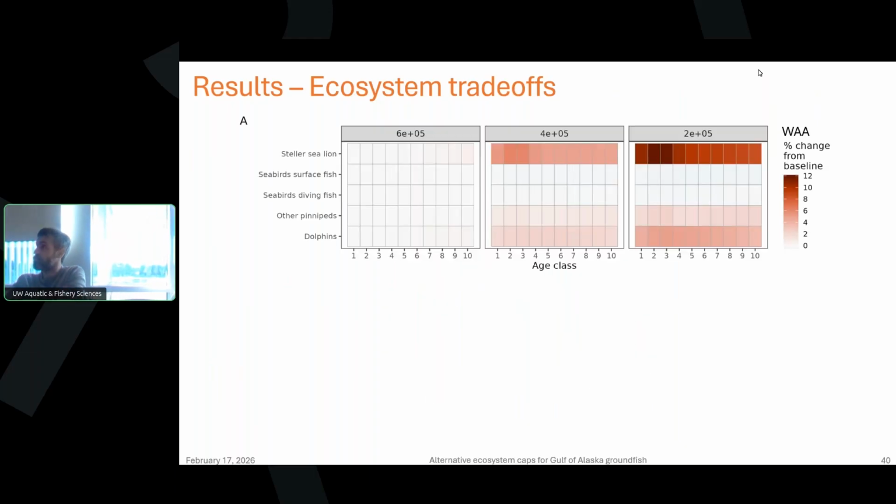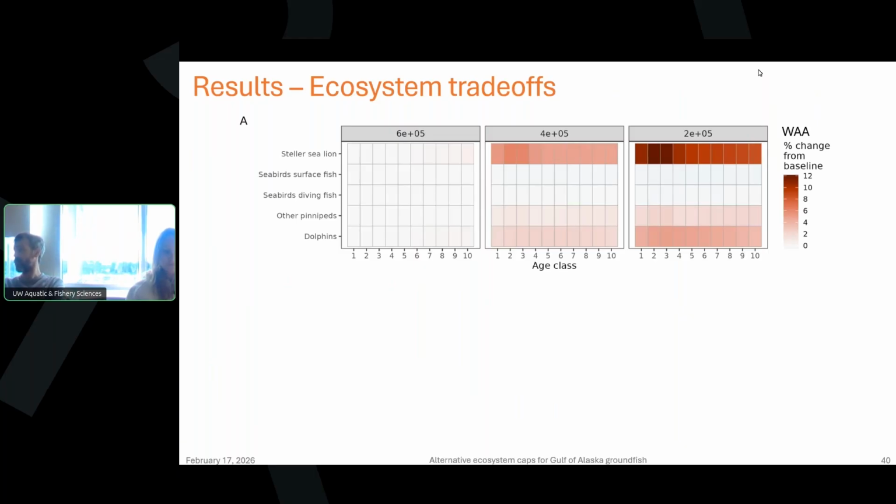So this graph is again a weighted age change from the baseline, except in this case, climate has nothing to do with this. The baseline is the status quo cap. And so of course the 600,000 is the same. It's not binding anymore. Again, these caps only work if they bind anything. But the other two are still binding.